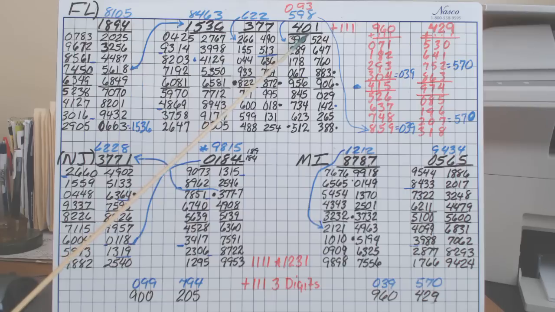3-digit, 401 evening. Using your 9 matrix, 999, subtract from 377, you get 622, which was Tennessee. And we have one other state that had the 266 or 622 drawing. You can find it in your minus column.